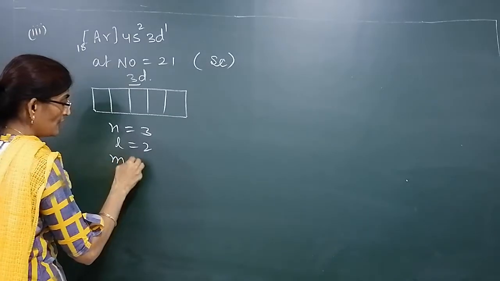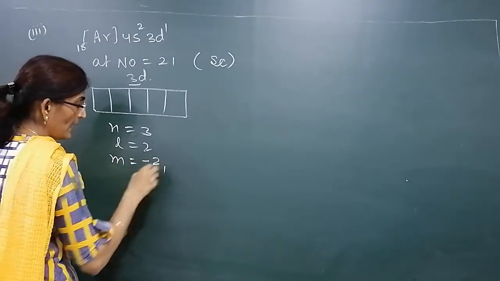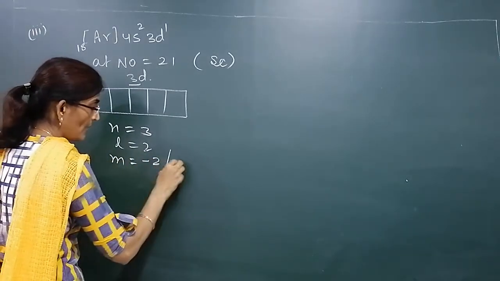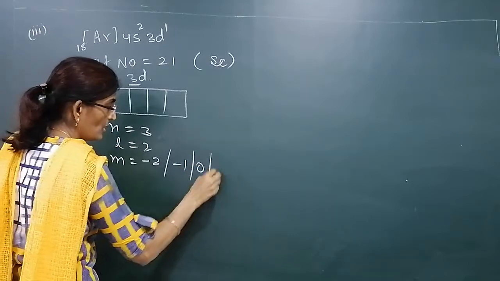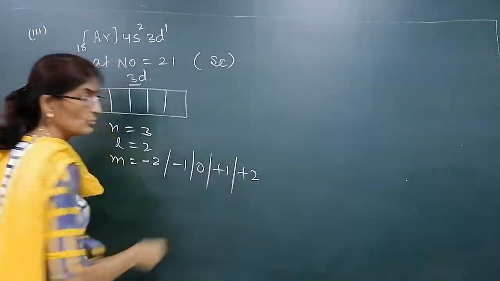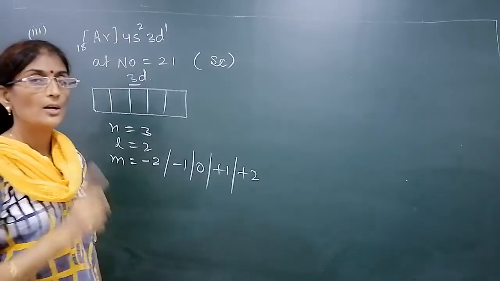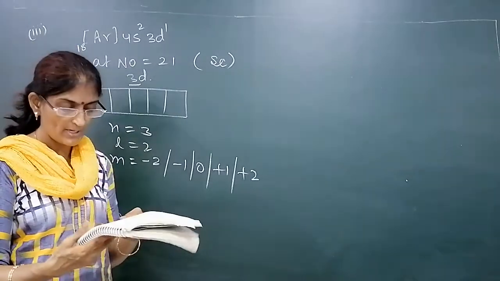What are the possible values of m? If l is 2, it may be minus 2, minus 1, 0, plus 1, plus 2. Any one value can be possible for an electron present in a 3d orbital.